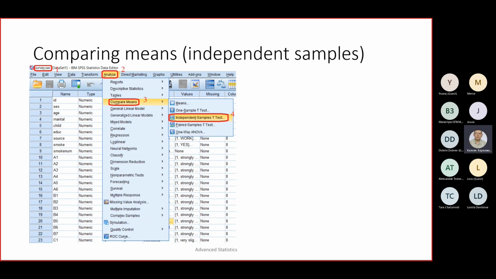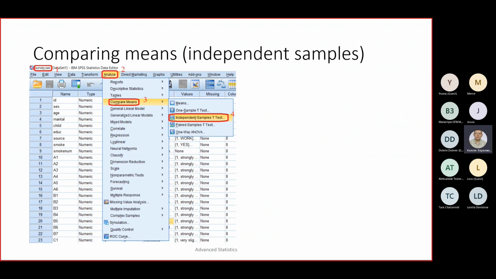There are some classical statistical hypotheses. Usually there are seven main statistical hypotheses, but in SPSS and in PSPP, we can perform only 4 of them.